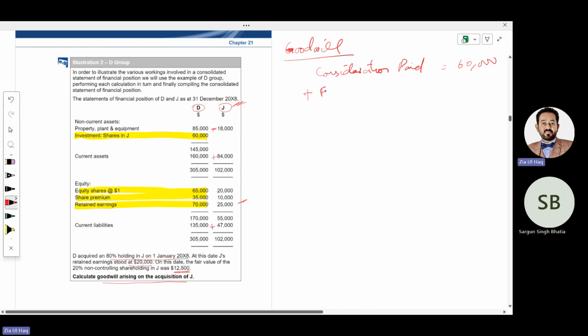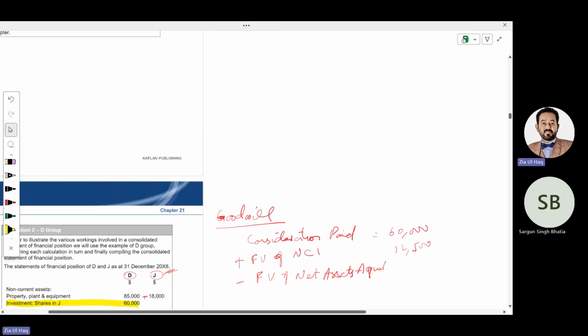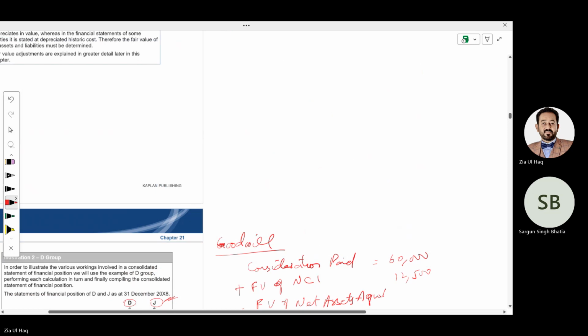At fair value of non-controlling interest, what is given in the question? 12,500, less fair value of net assets acquired, that we need to calculate. How to calculate net assets acquired?